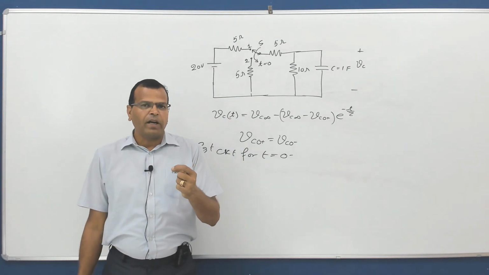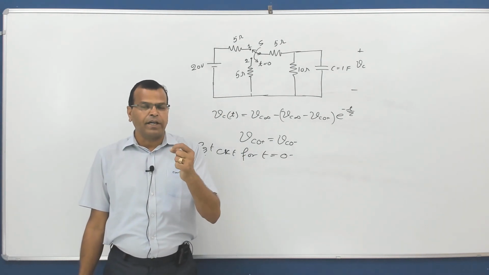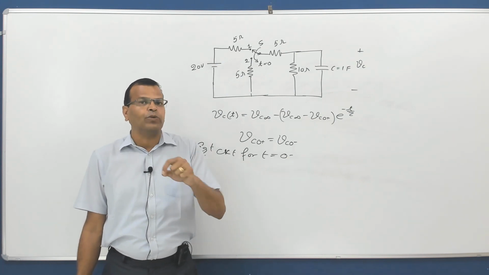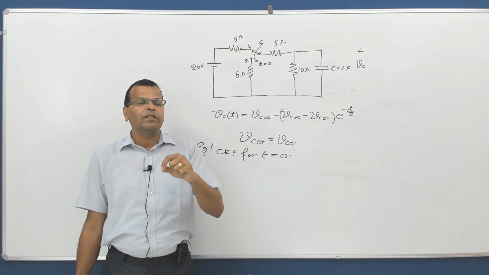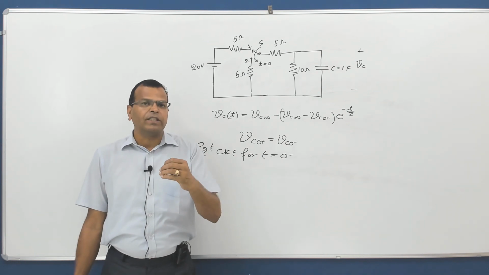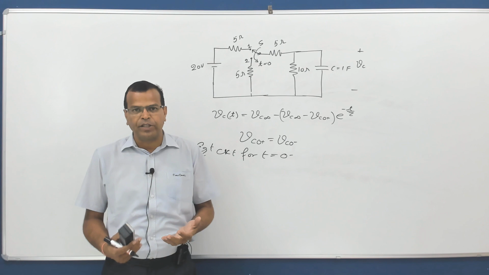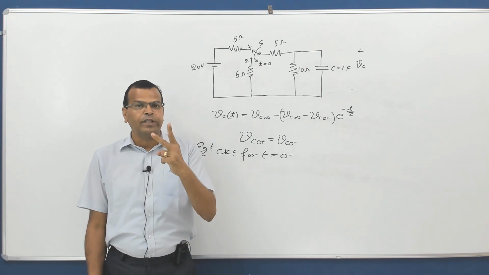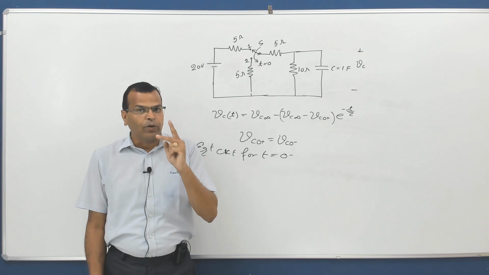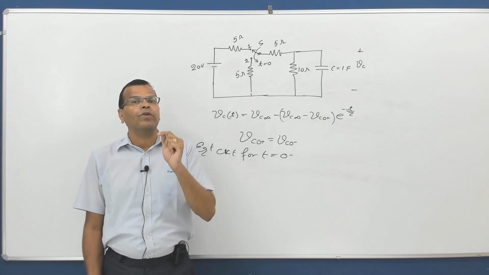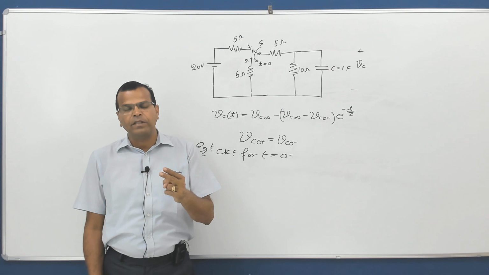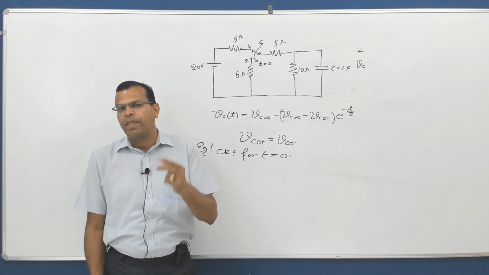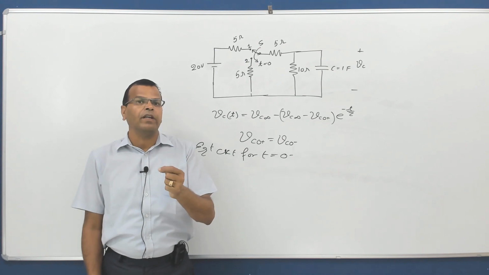At t equal to 0 minus, the circuit is assumed to be under steady state operation. That is, t equal to 0 minus means just before the switching instant, so before the switching instant the circuit was in steady state operation. Remember, the circuit is in steady state at two instants of time: t equal to 0 minus and t equal to infinity.